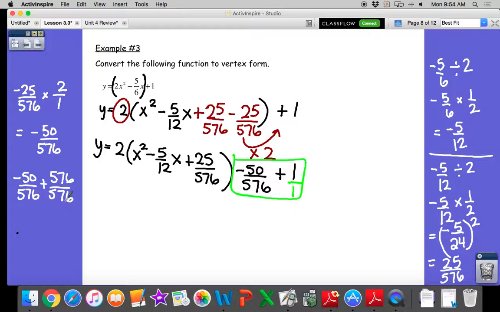I multiply the top and the bottom by the common denominator that I want. So if I subtract 50 from that, I'm going to get positive 526 over 576.